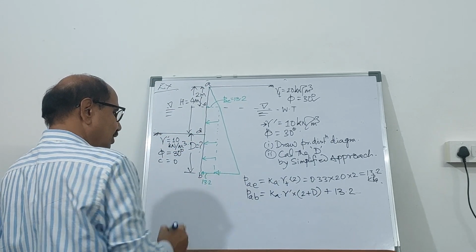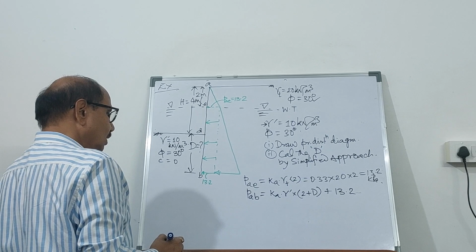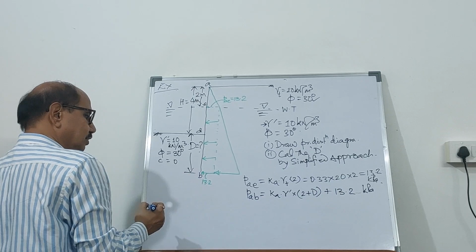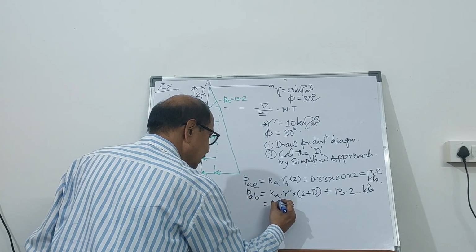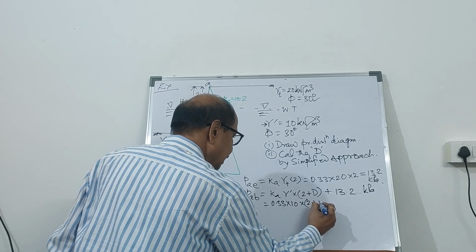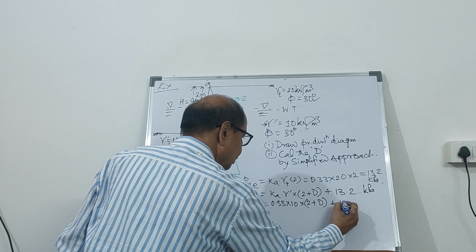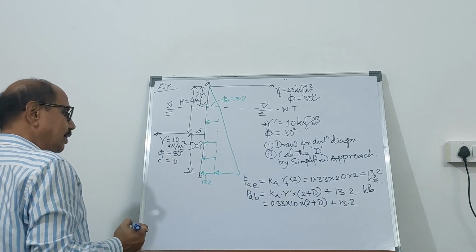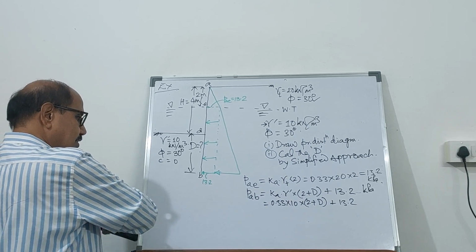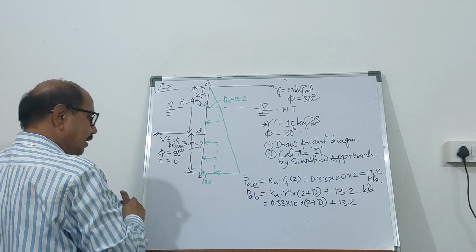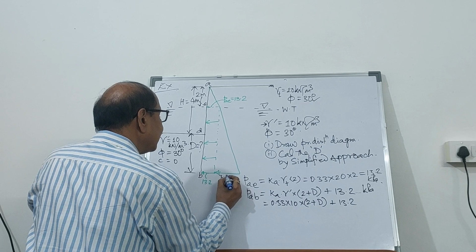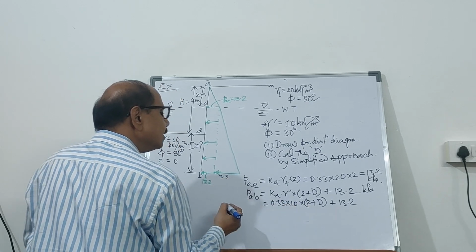So that is the total pressure at B, so much kilopascal. So K 0.33 into 10 into 2 plus D plus 13.2. Right? So you can calculate this. This becomes 3.3 into 2 plus D. This is the active earth pressure.